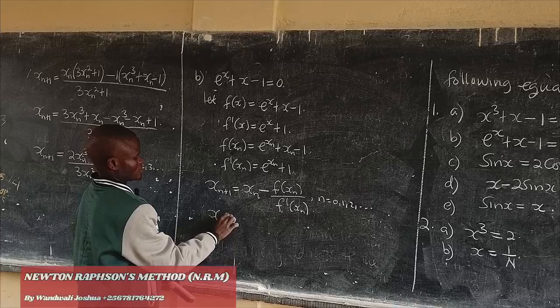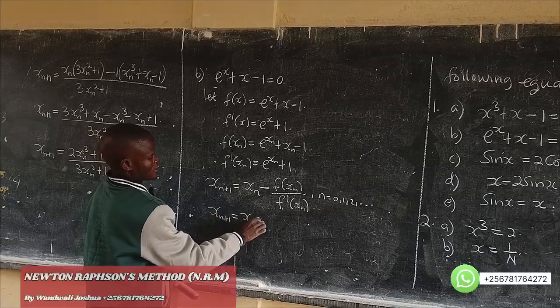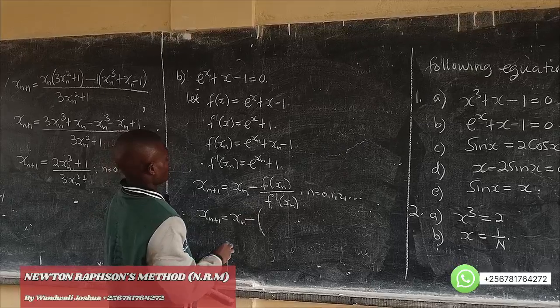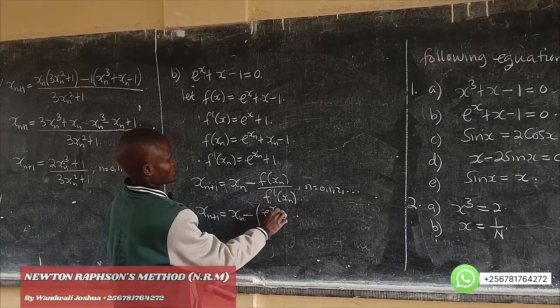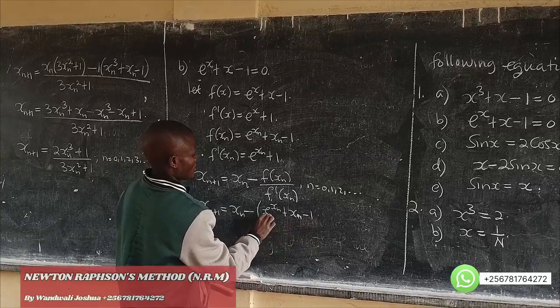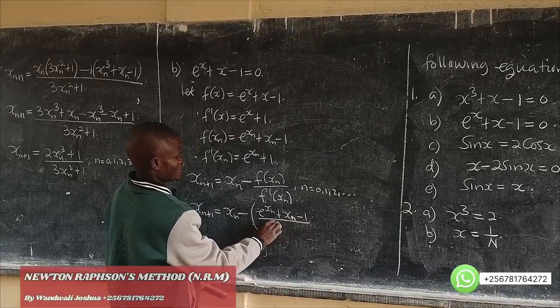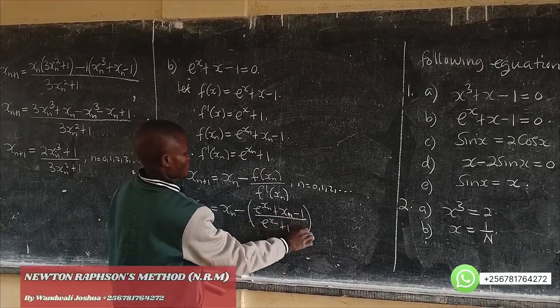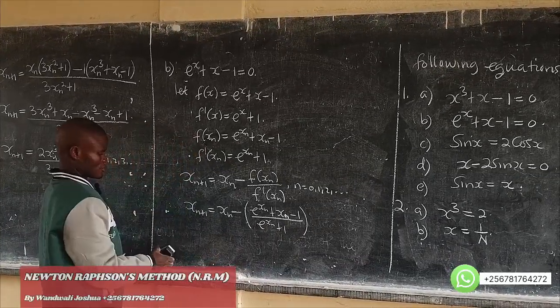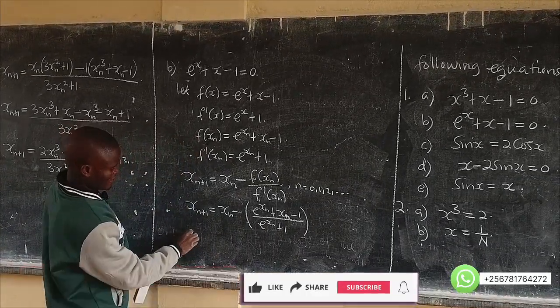So x_{n+1} is given by x_n minus, so f of x_n is given by exponent of x_n plus x_n minus 1, divided by exponent of x_n plus 1. So this is the Newton-Raphson formula, and we can simplify.